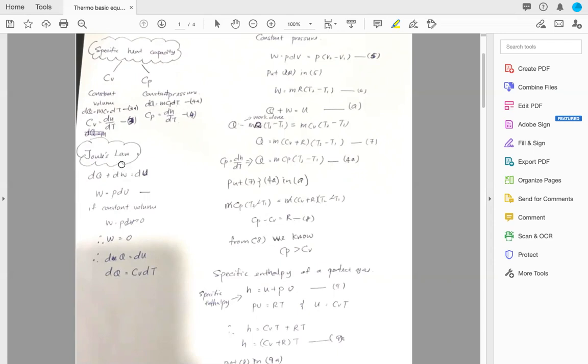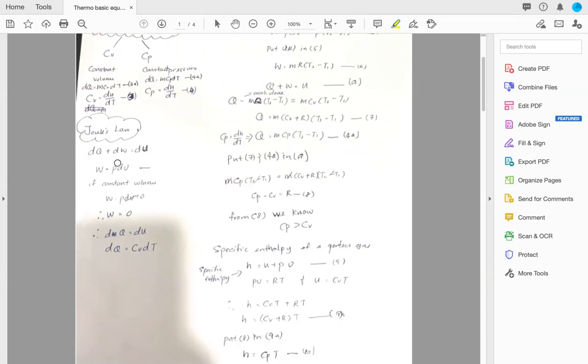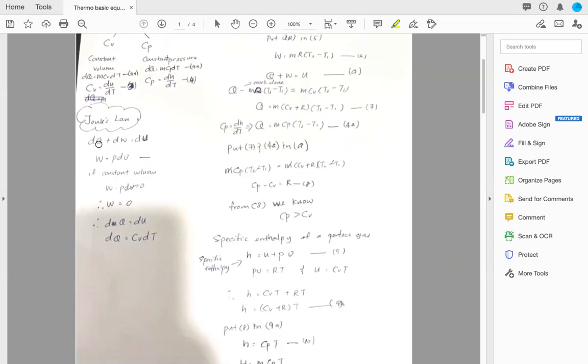Okay, so let's go to Joule's law. Joule's law is very easy. Heat plus work. If your work is done by the system, it is negative, so be aware of this part. If your work is done on the system, then it's positive. Equals to delta U, the internal energy. We know that the work equals P delta V. The pressure pushes the volume, the change of the volume.